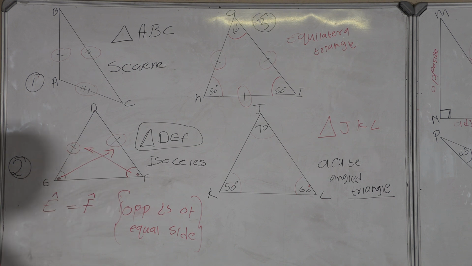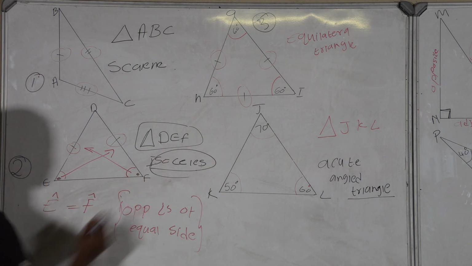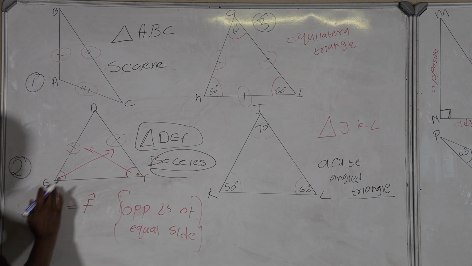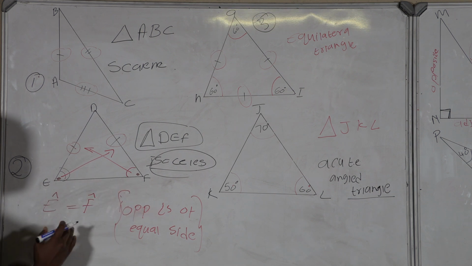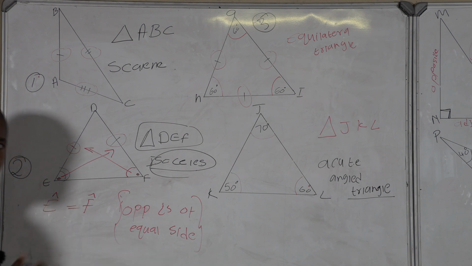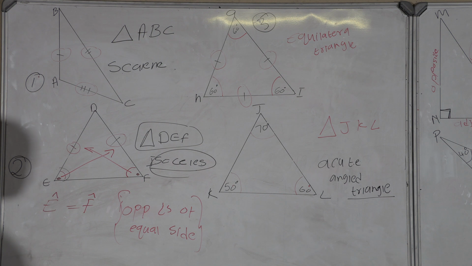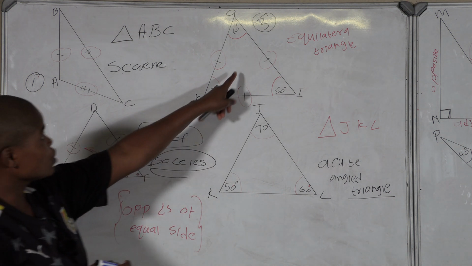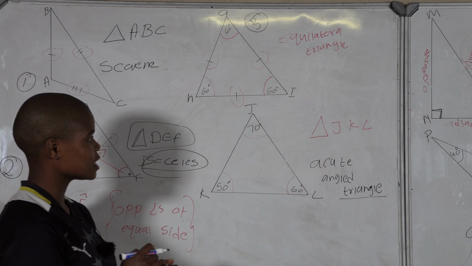And remember guys, when we prove these angles are equal with isosceles, we are saying these base angles are equal because they are opposite equal sides. Hence I wrote opposite angles of equal sides. And then we go to the equilateral triangle. Well, all sides are equal and all angles are equal.